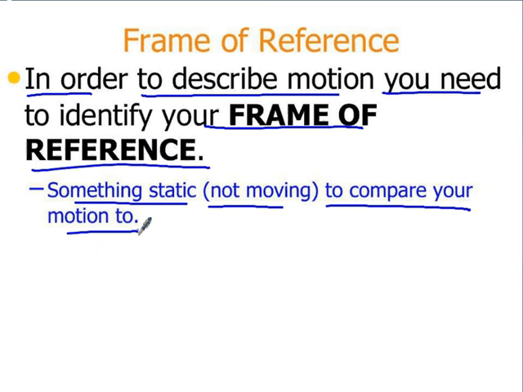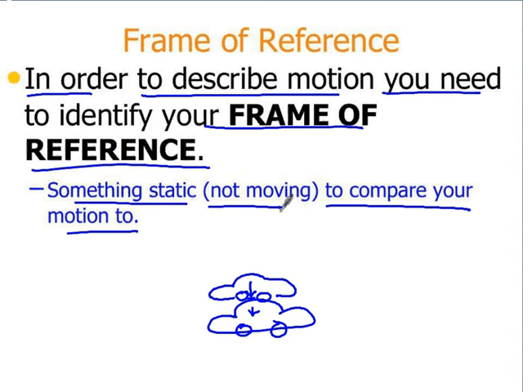And a frame of reference is something static or not moving to compare your motion to. So here's how I like to think about it. Let's say you're driving down the road, and as you're driving down the road, you have a car right beside you, and let's say that you're going the same speed. If you look out the window at this car and you're only looking at the car, it's not going to look like you're moving because you don't have a static, not moving thing to show that you're moving.